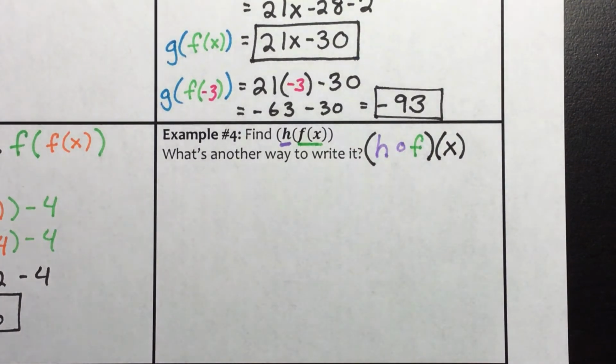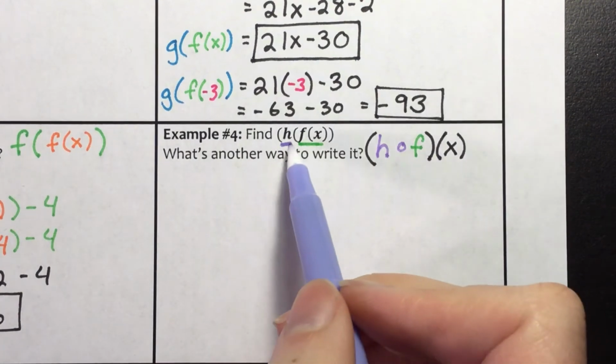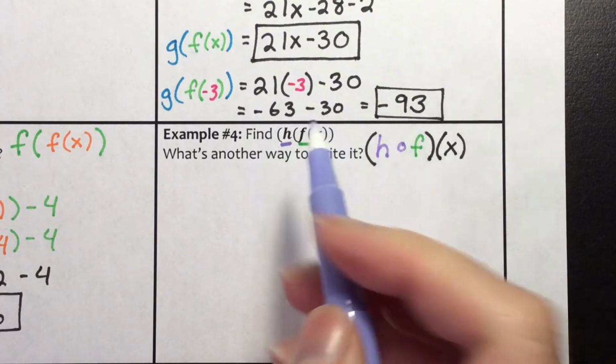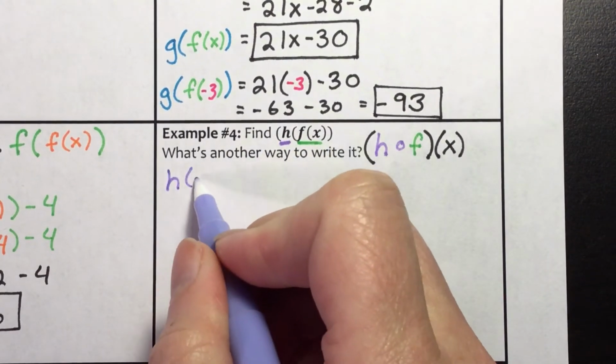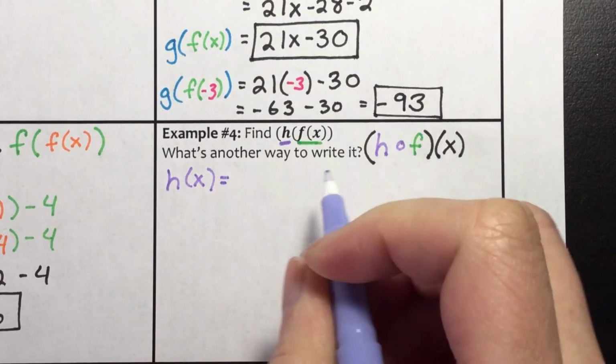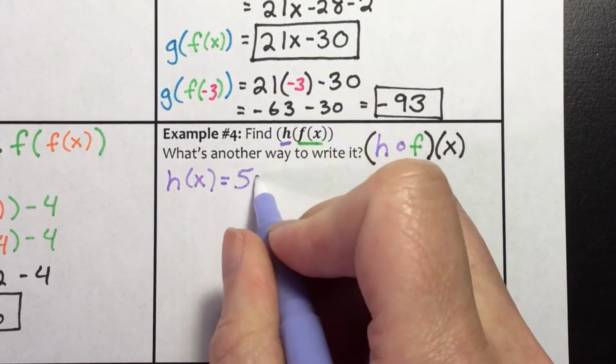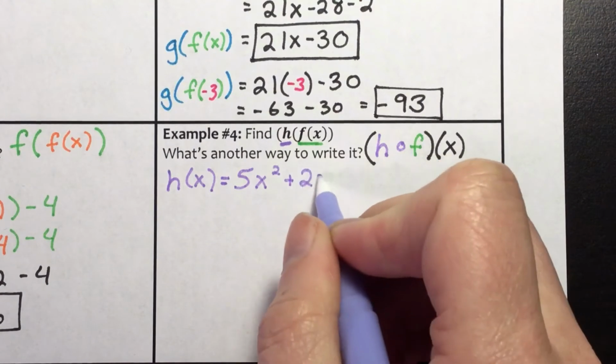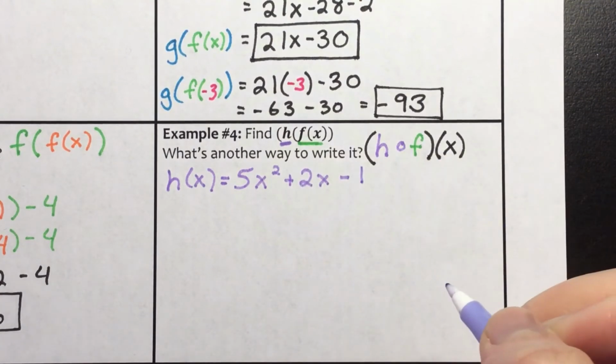So we're kind of rewriting it backwards. So this is the most obvious way to write it, where you have h of x and you're plugging in f of x. So first off, what is h of x? It is 5x squared plus 2x minus 1.